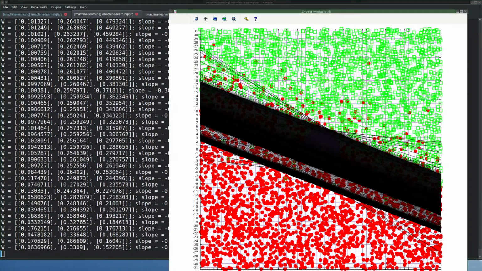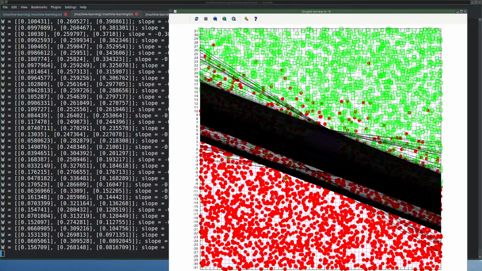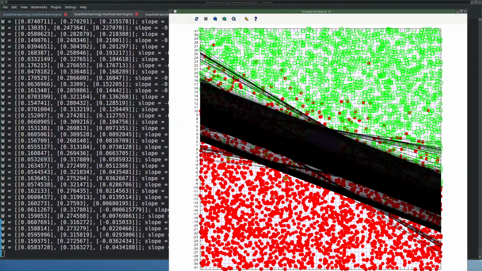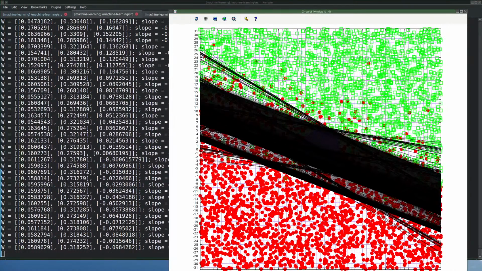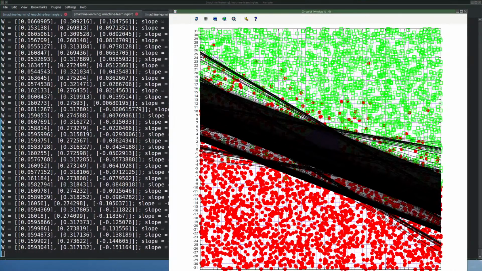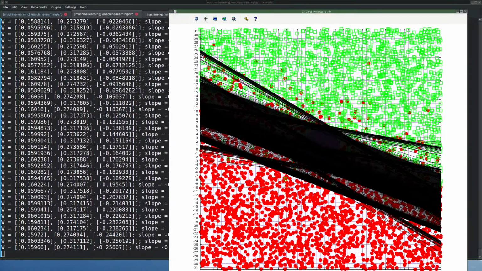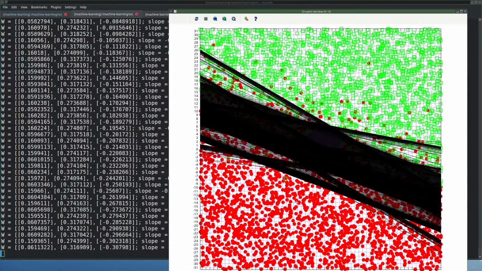What? It's bouncing between two different angles.